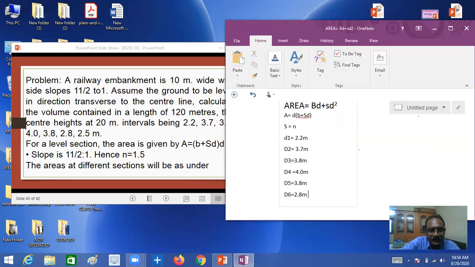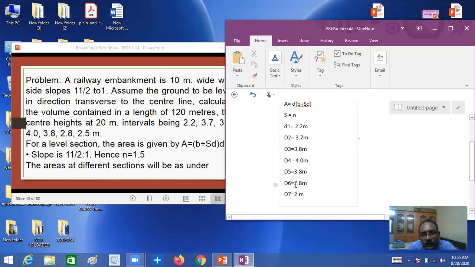And D7 is equal to 2.5 meters. Now we know D1 through D7.